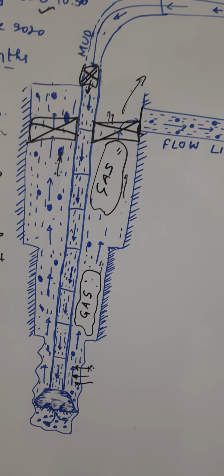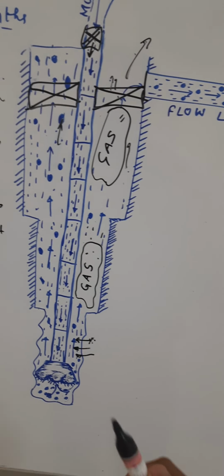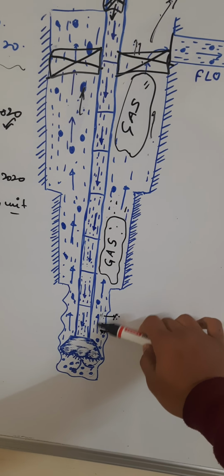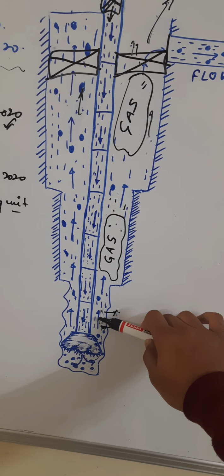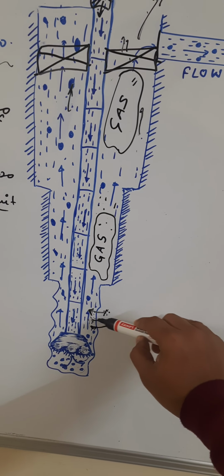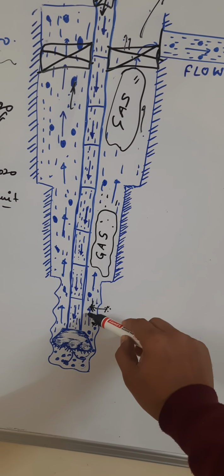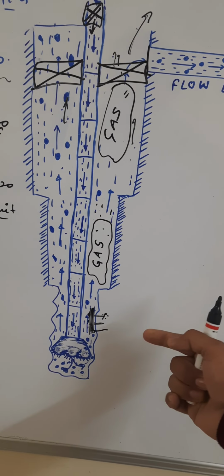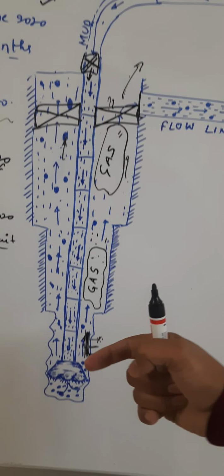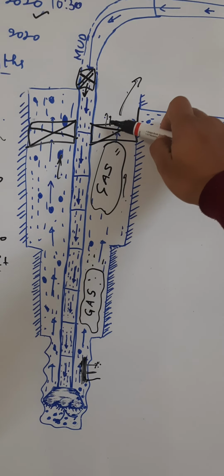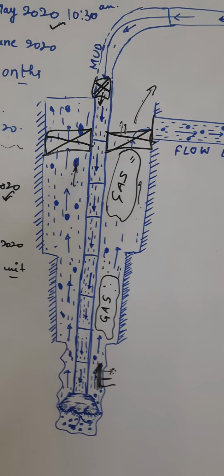Slowly this influx is removed and slowly kill mud is pumped. What happened due to that? Due to that heavy mud, kill mud, there is a lot of pressure, and this pressure prevents entering of the influx into the well. So no fresh influx is entering, and whatever influx has entered already is being slowly removed from the system.